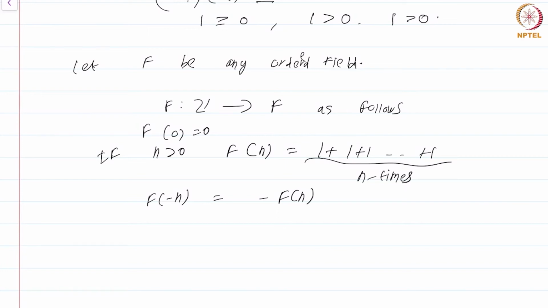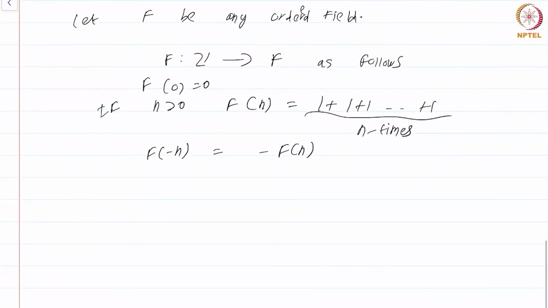Again, note carefully that the minus on the left hand side of this equation is the minus coming from the integers, whereas the minus on the right hand side is the additive inverse in the field F. Now we have a major theorem.